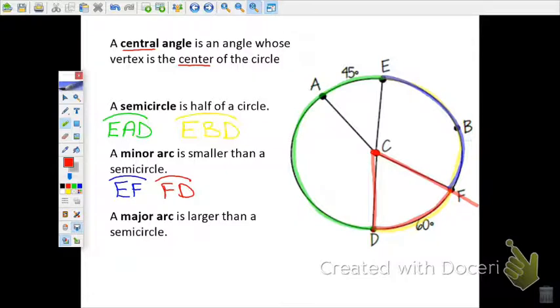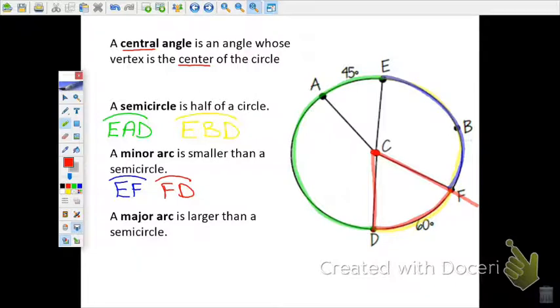Same thing can happen with a major arc. We just, again, can't really look at that angle measure because angles can't be greater than 180. A major arc is larger than a semicircle, so it's going to be more than 180 degrees.